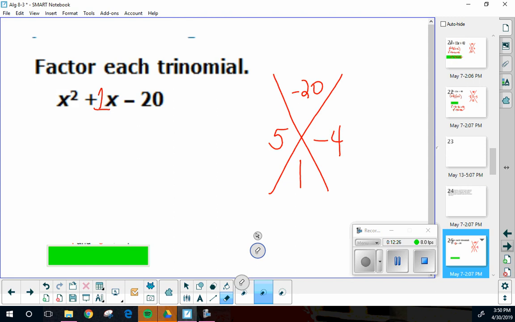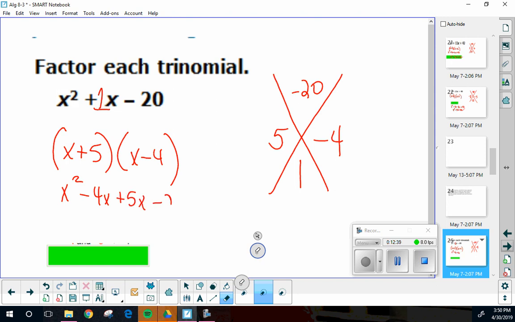So our answer would be x plus 5, x minus 4. That leaves us with x squared minus 4x plus 5x minus 20 plus x minus 20. And we're back to where we started.